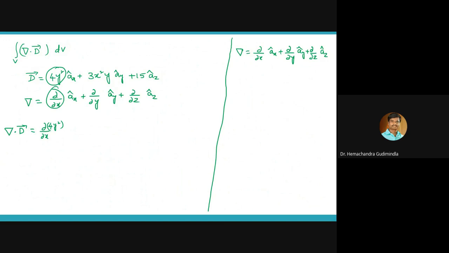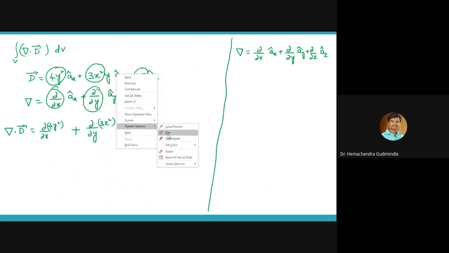Dou by dou x 4y square plus, what we need to do? Dou by dou y 3x square plus dou by dou z into 15.